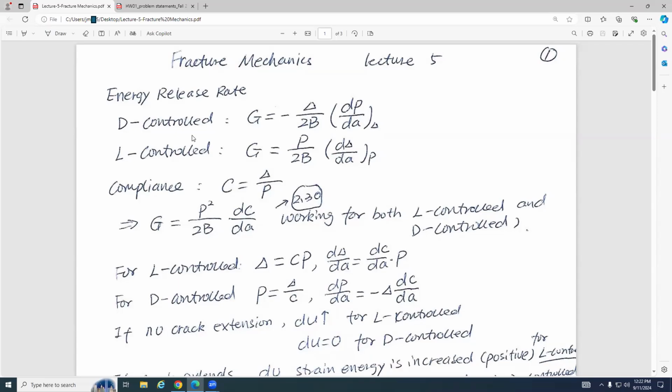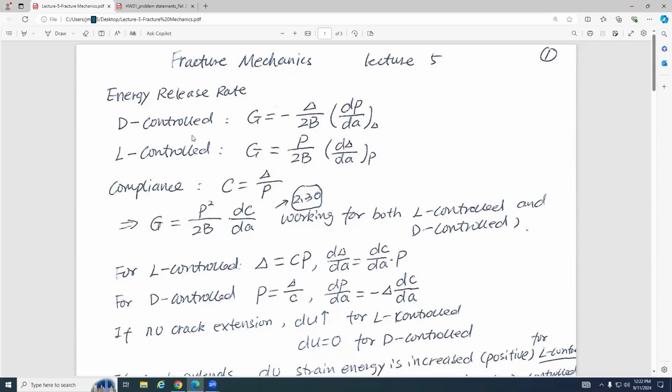Because if we want to maintain the desired amount of displacement and the crack grows, that means the cracked body becomes softer, and the needed load will be decreasing also. So that's the reason we have a negative sign here.